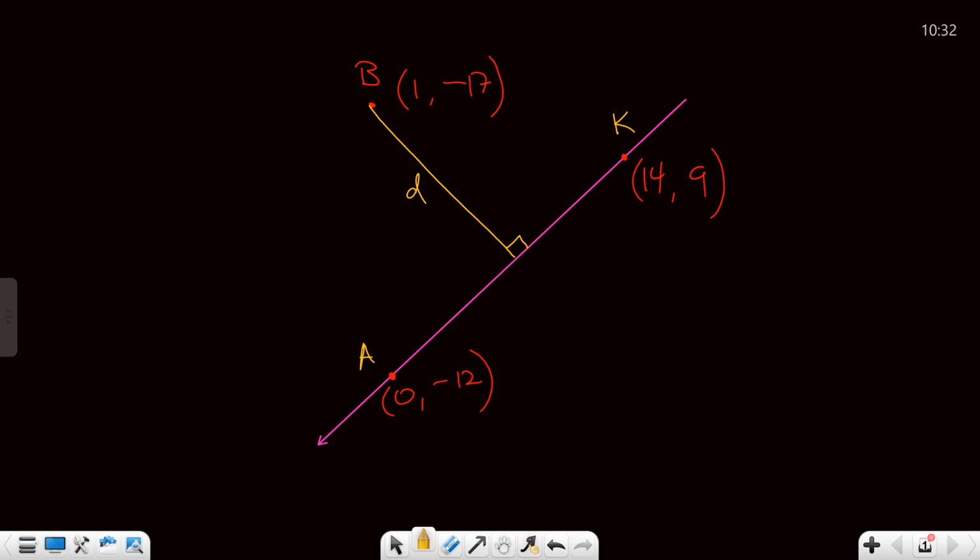So divide. Wait, hold on. I'll come back to you in a second. Okay, Lucy? You could find the distance between B and K, and then that would be like the, oh wait, no, never mind.